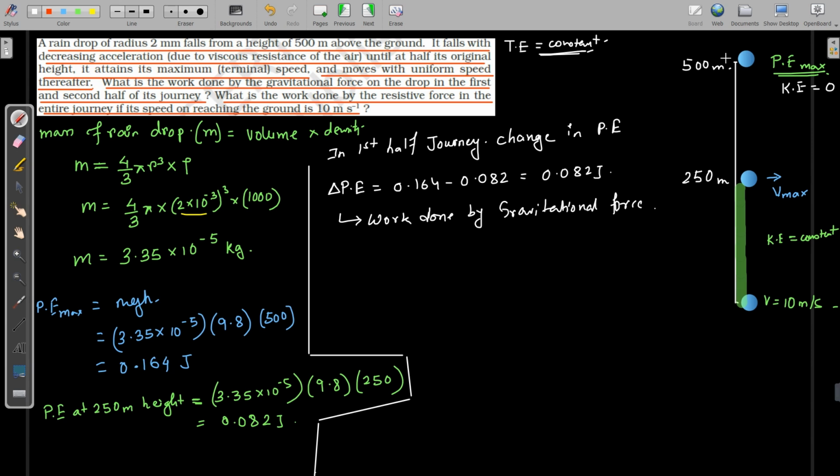So if I consider the highest point, P max, the total energy remains constant.